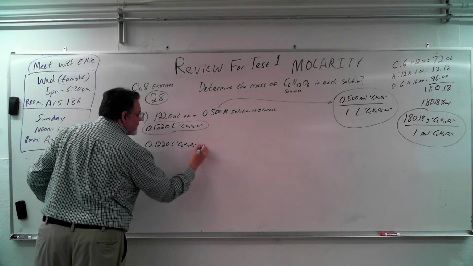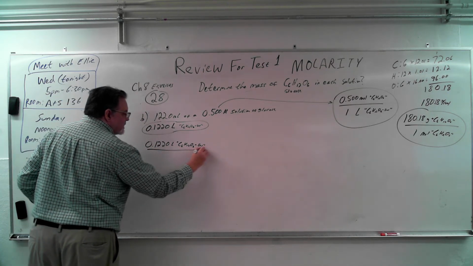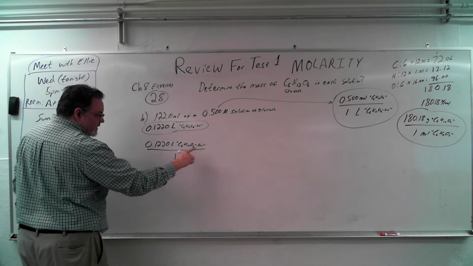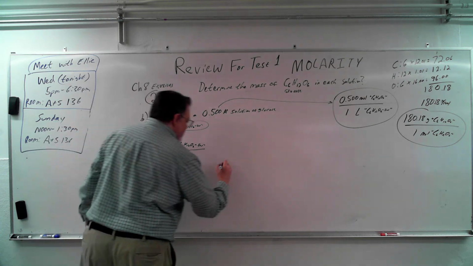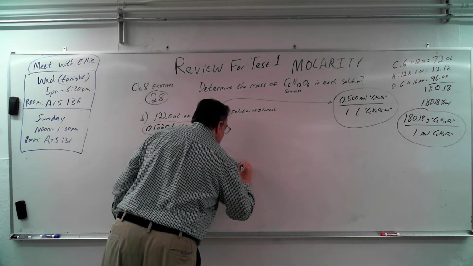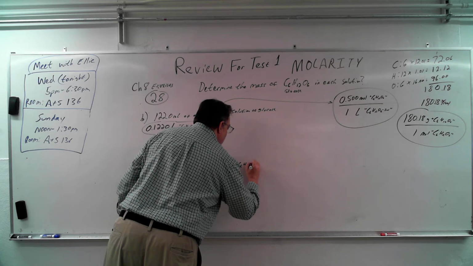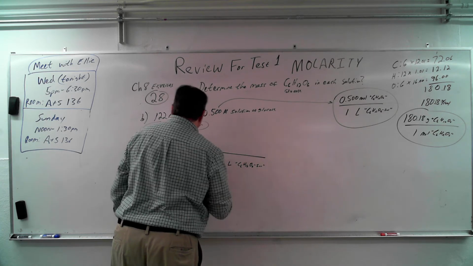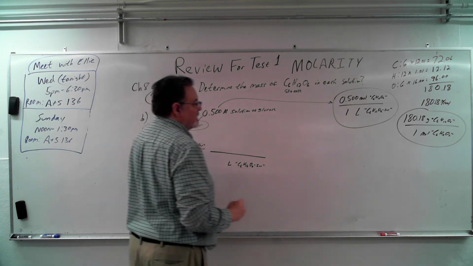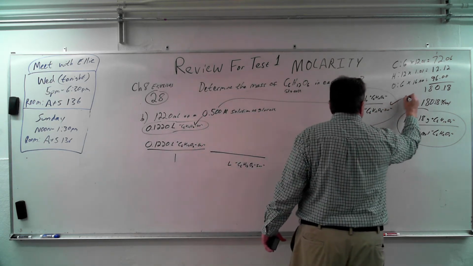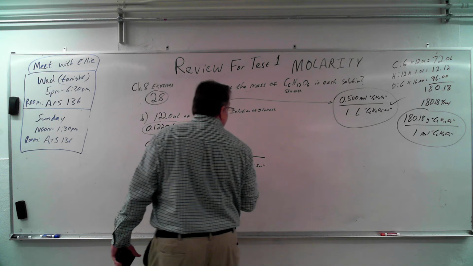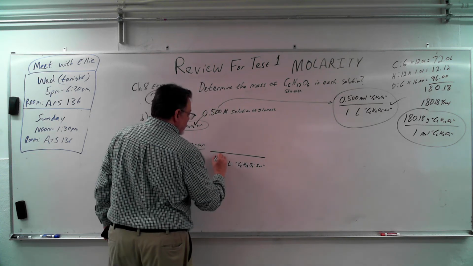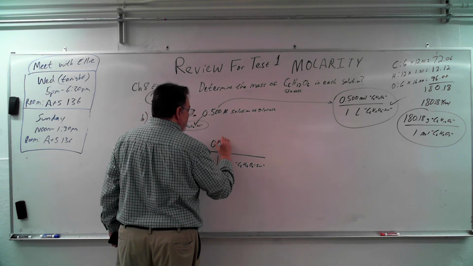I'm putting the solution on this because it says liters. I need liters of glucose solution on the bottom. This is the only other place you'll see liters of C6H12O6 solution. So 1 liter of that.